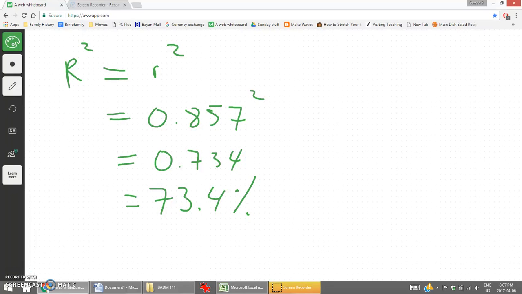73.4%. Now what the coefficient of determination measures is how well the independent variable x explains the variation in the dependent variable y. So once again, for x, the independent variable, we are using study time, and for y, we're trying to measure the grade.